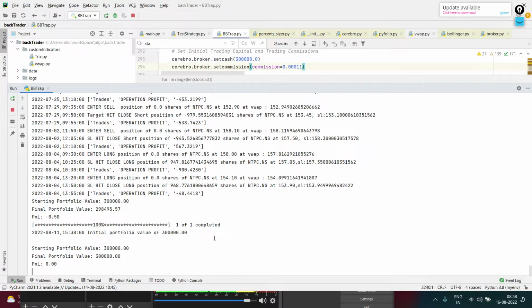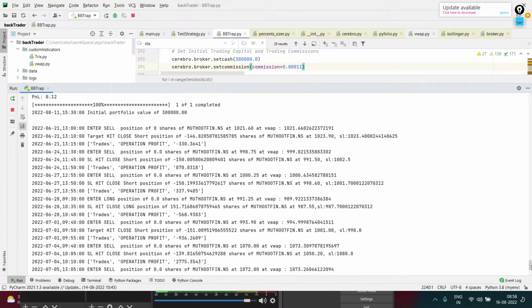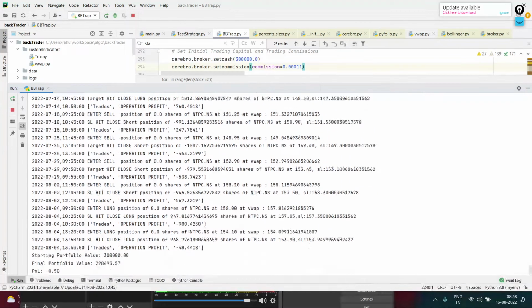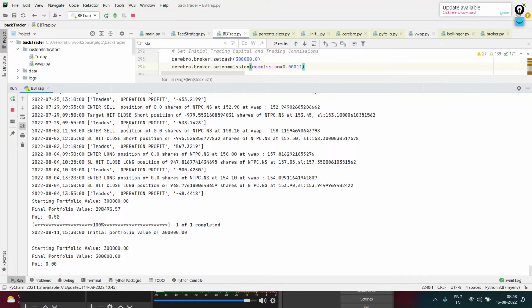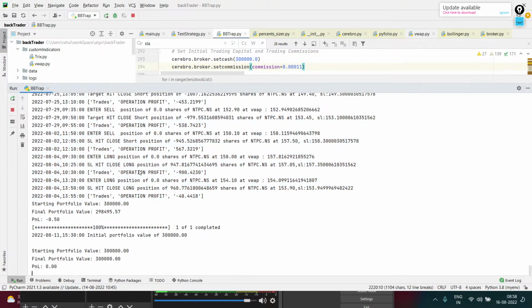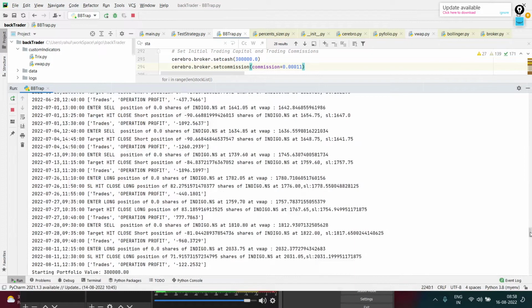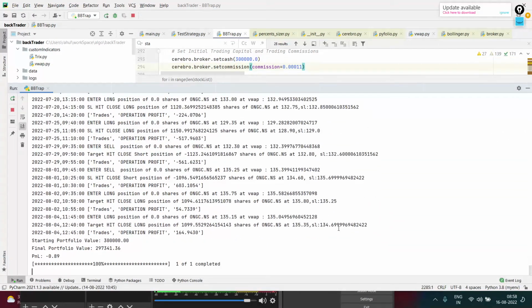Okay, what happened? NTPC only. It has some more stocks to run. Yeah, it's running now.